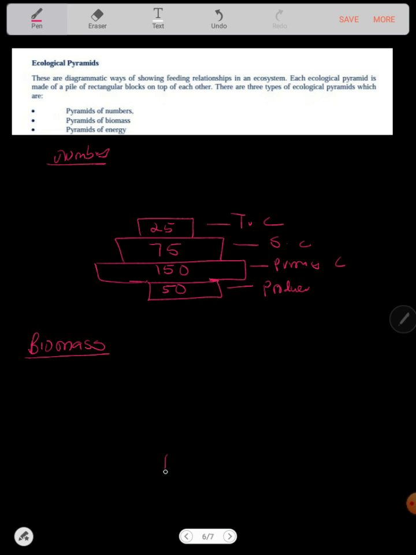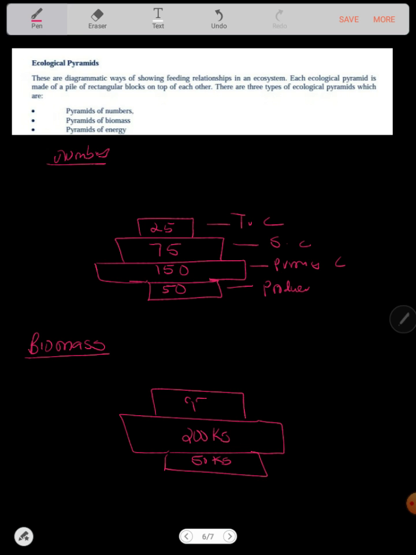For example, I would say 50 kg, I would say 200 kg, I would say 95 kg, I would say 20 kg. This is a producer, primary consumer, secondary consumer.